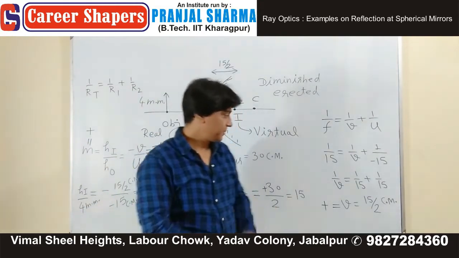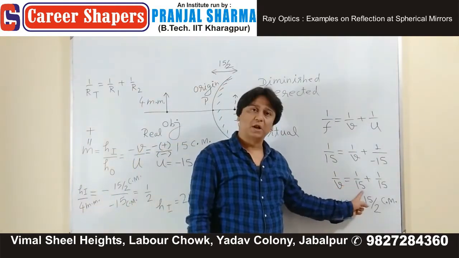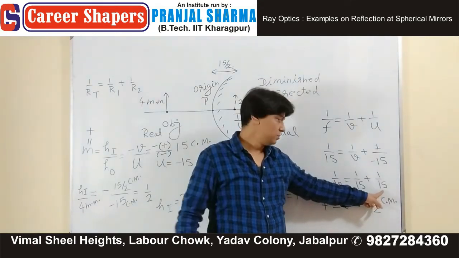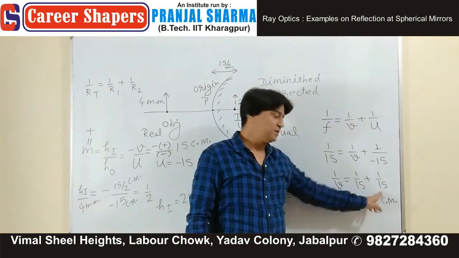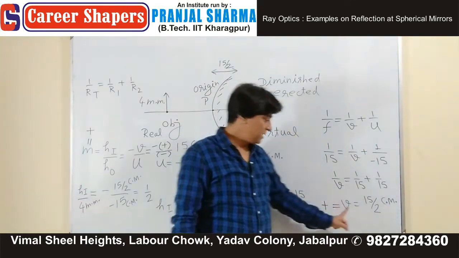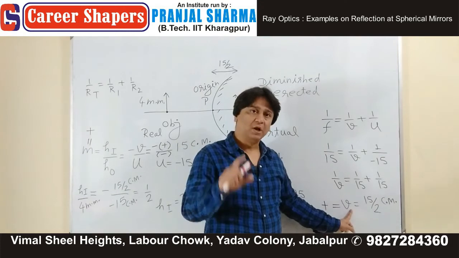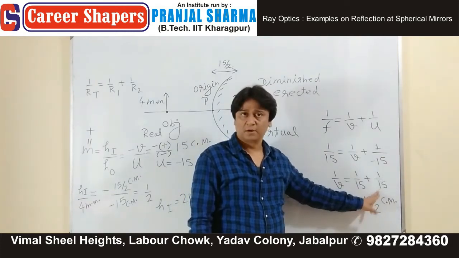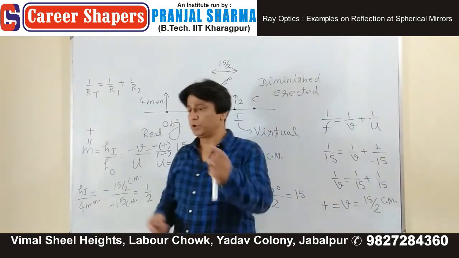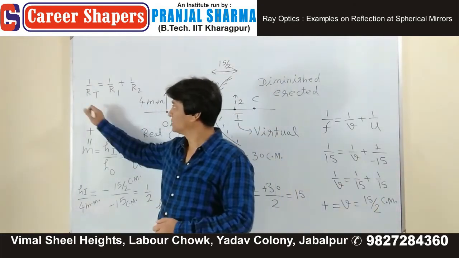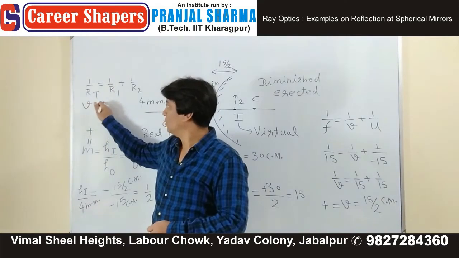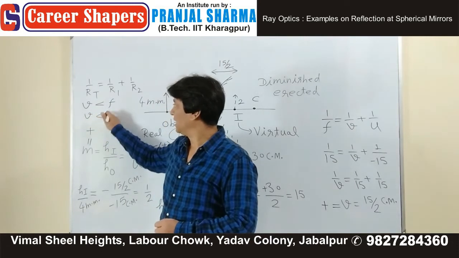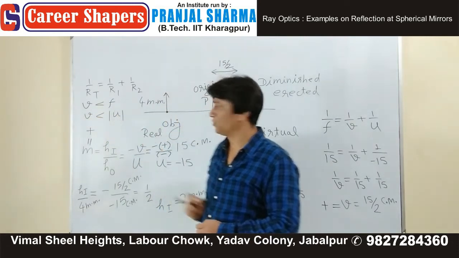That means this is the focal length part, this is the magnitude of U, mod of U. So when you add something like this, whatever be the value of V, it will be less than F, as well as less than U. If you wish, you can write under this, V will be less than F, V will also be less than mod of U.